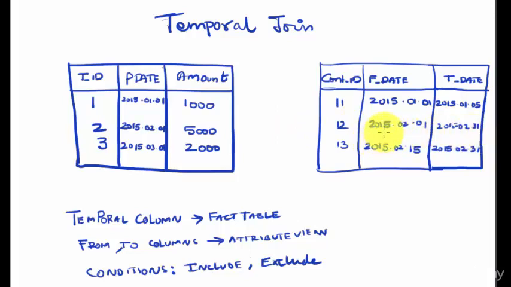Now to check like that, that is from and to date, there is a condition called include both. Now let's say that you only want to make sure that it's not crossing the to date, then you can exclude one and include the other one. So you can mix and match how you want, and you can restrict your columns based on a certain temporal condition.